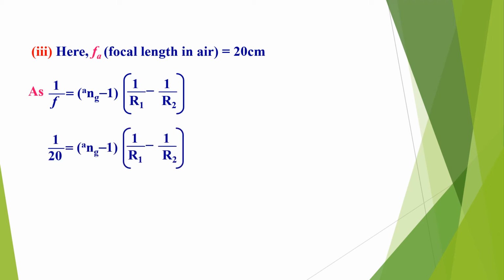By substituting, 1 by 20, the focal length being positive, is equal to the refractive index of glass with respect to air minus 1 multiplied by 1 by r1 minus 1 by r2. As the refractive index of glass with respect to air we got is 1.5, substituting it, the value of 1 by r1 minus 1 by r2 becomes 1 by 10.